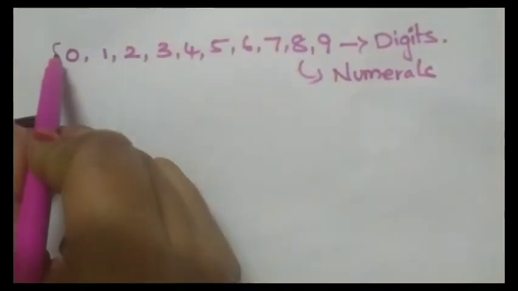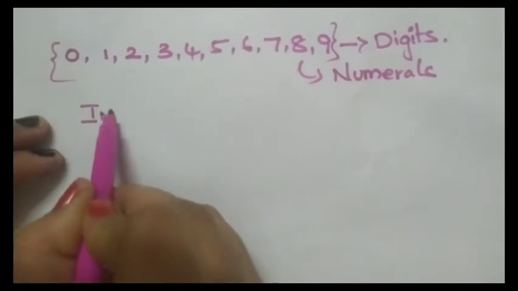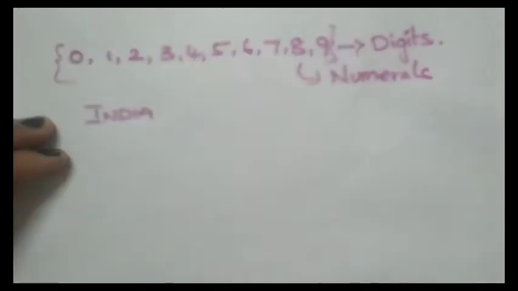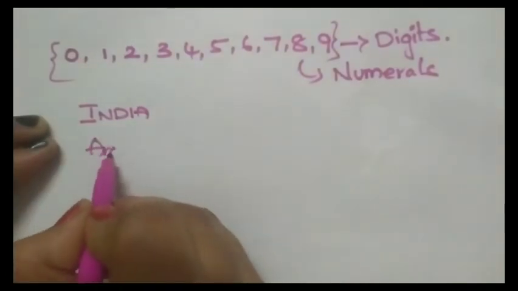This system of writing numbers by using digits was invented in India and carried to other parts of the world by Arabs.